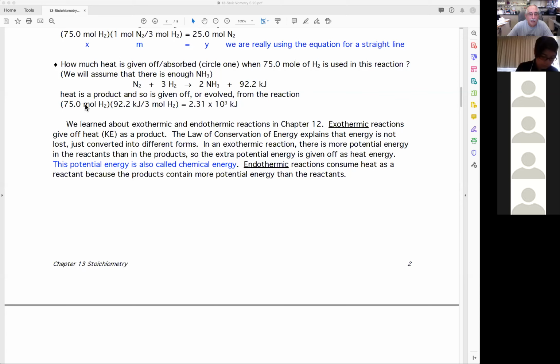So to do the mathematical part, you got 75 moles of hydrogen. You want to get rid of moles of hydrogen, and you want to keep kilojoules. So where do I get those actual numbers? Well, it's from the balanced chemical reaction. So in front of hydrogen is a 3. In front of kilojoules is a 92.2. Okay. So this is also a conversion factor.